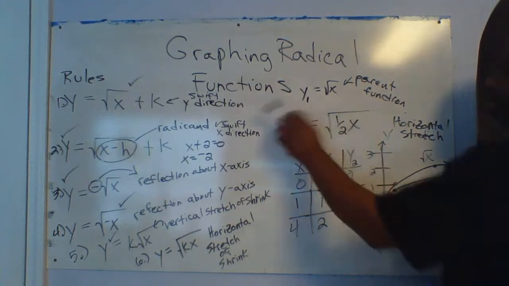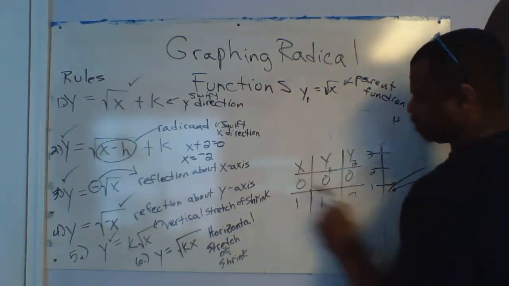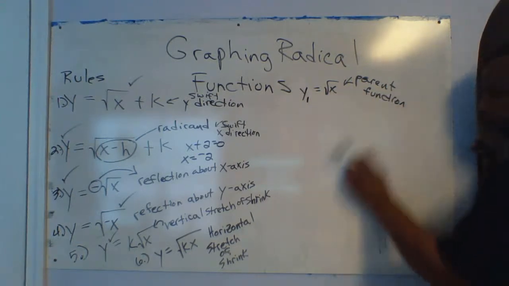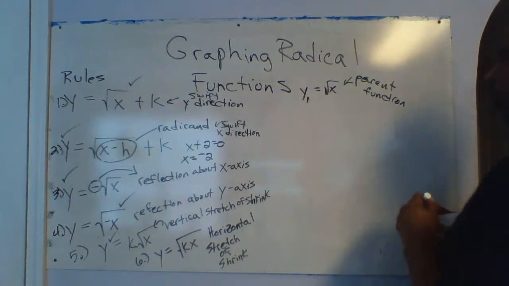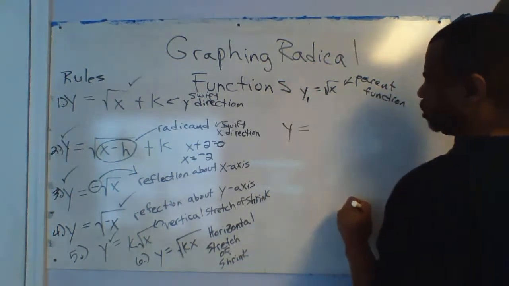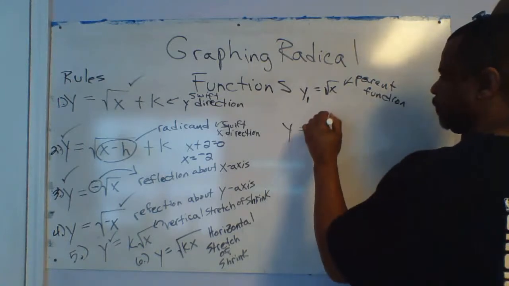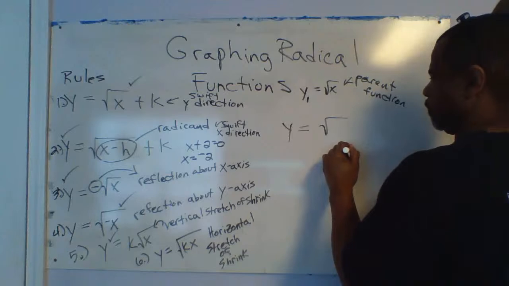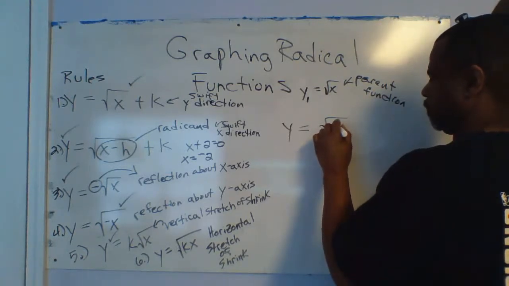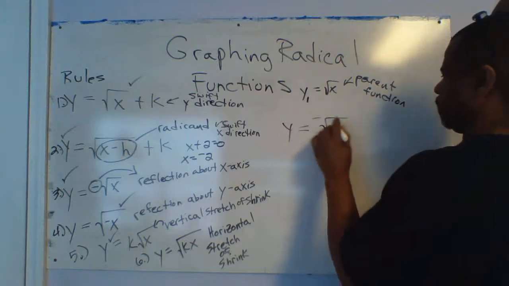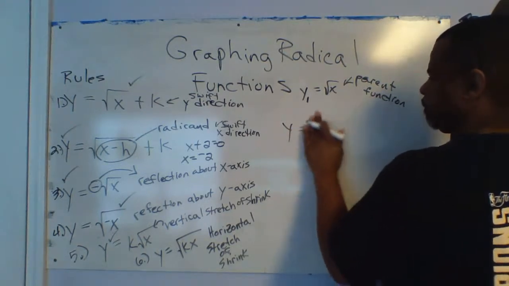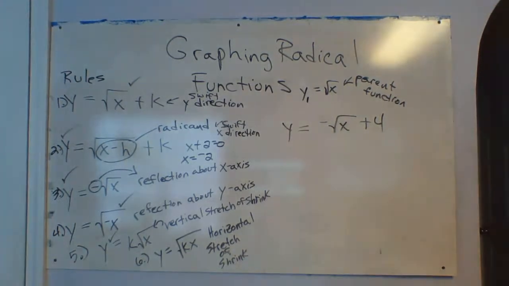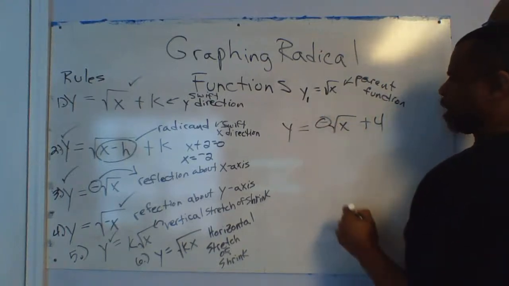Okay, so I'm going to do a problem like so. We're going to do a combination of the two. So we're going to do y is equal to... All right, so if we're going to do this, here we've got a negative.